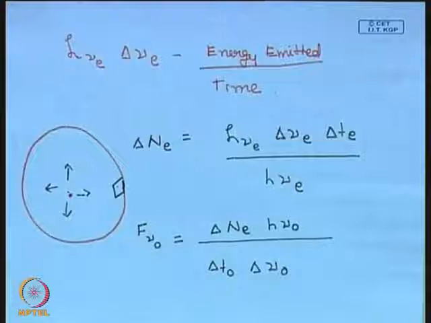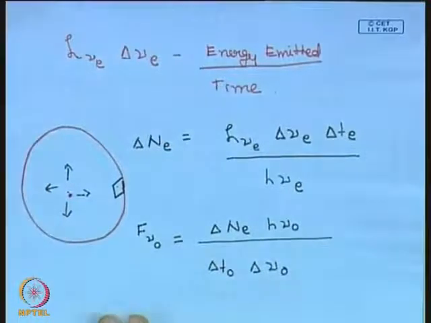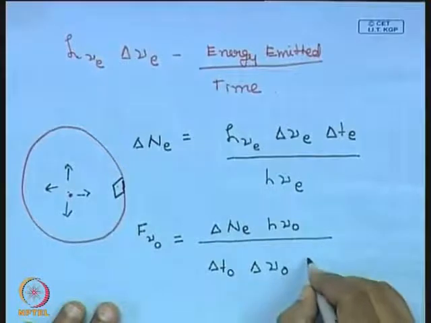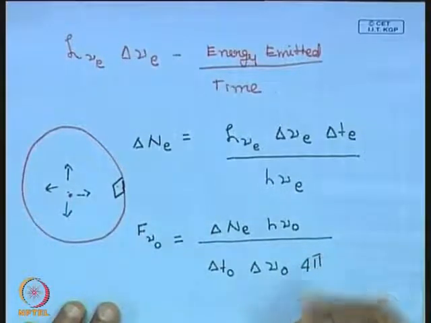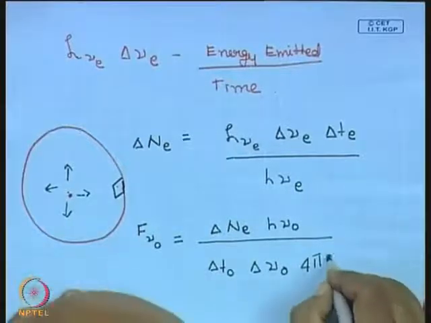Now the question is, what is the ratio of the emitted frequency and observed frequency? We have already worked this out. Oh sorry, this is divided by the area of the sphere, and the area of this sphere is going to be 4 pi s squared.